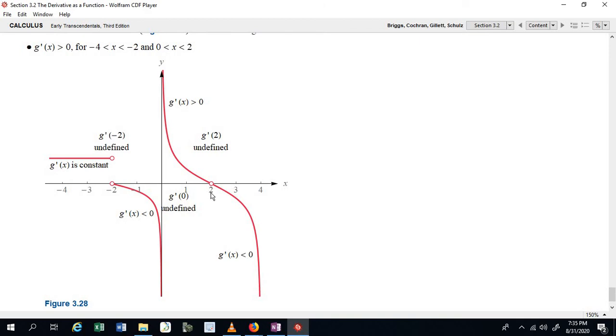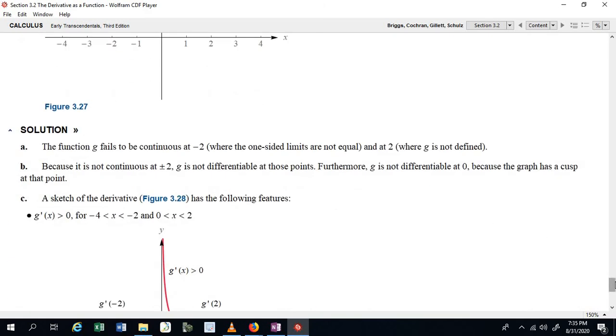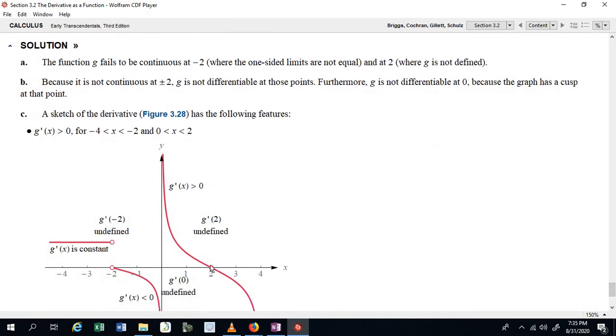But right at 2, the derivative does not exist. G prime of 2 does not exist because it's not continuous at 2. And so that's why there's a hole in the derivative right at 2, because that's not defined. G prime of 2 is undefined.